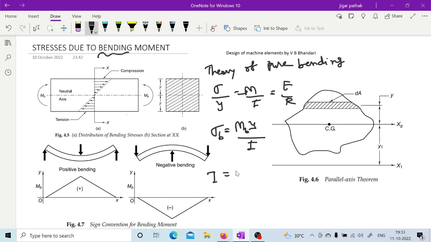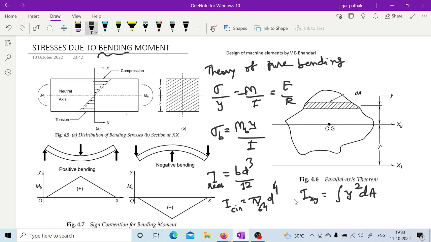For some shapes like a rectangle, it is b d cube by 12. For a circle, it is directly pi by 64 d raised to 4. But if you have some irregular shape, then Ixy can be calculated with the integral of y square dA.